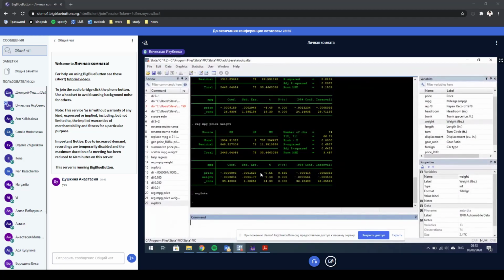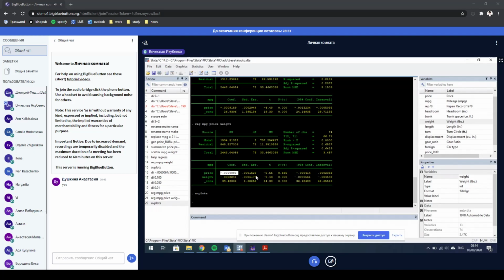If you want to think about it a bit deeper, we would see that the standard error, for example, of the price coefficient is larger than the coefficient itself. So as we've seen on the graph, we were very imprecise in this estimate.